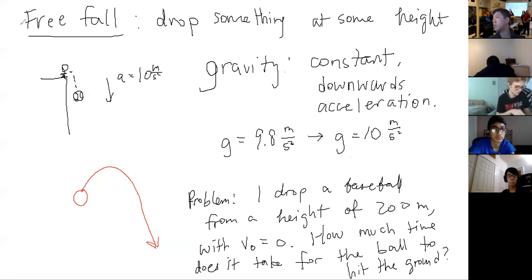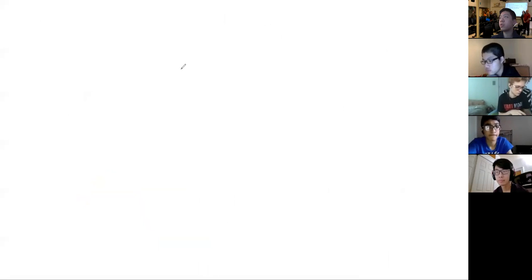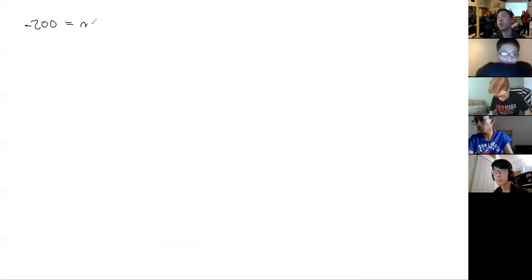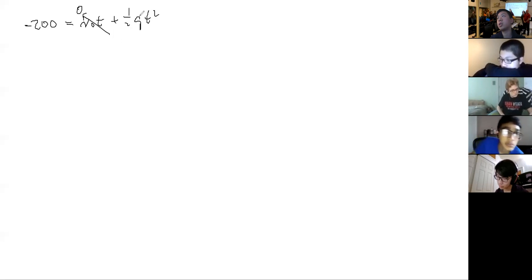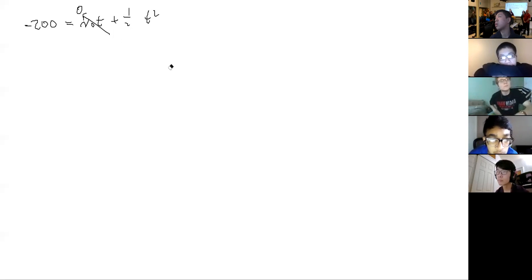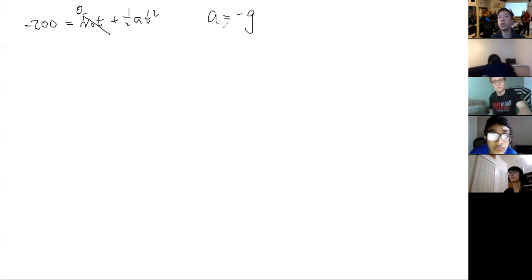Okay, so this is not that bad of a question, so I'm just gonna quickly go over the answer. We can use negative 200, which is the change in y, is equal to v0 t plus half g t squared, right? v0 equals 0, so this cancels out to 0. And then we know that a is equal to g going in the downwards direction.